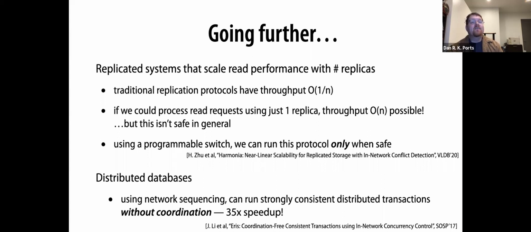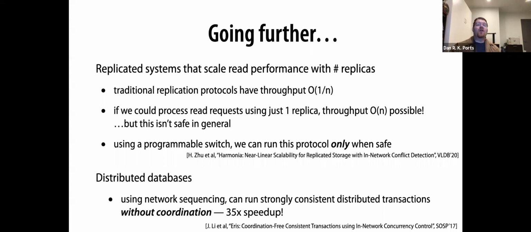And many people have observed that you could do this if your workload was read mostly and you sent reads to just one replica. But this isn't actually correct in general, right? There are cases where if you did that, you would get the wrong result. But a trick we can pull is that we know it is safe to do that sometimes. We can read something if no one else is trying to concurrently modify it.